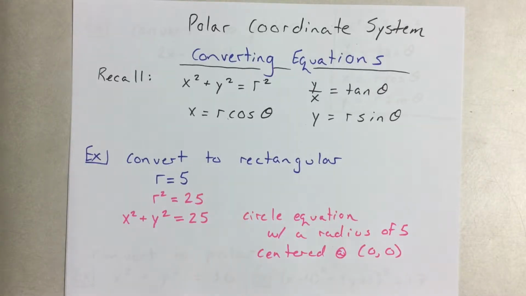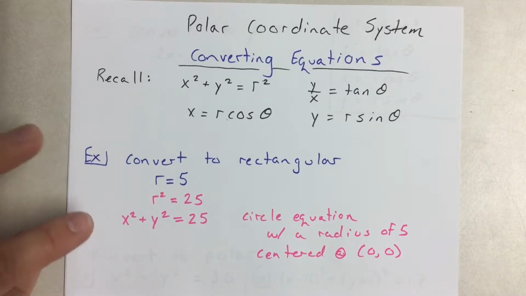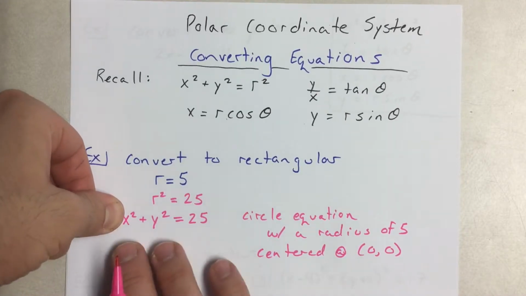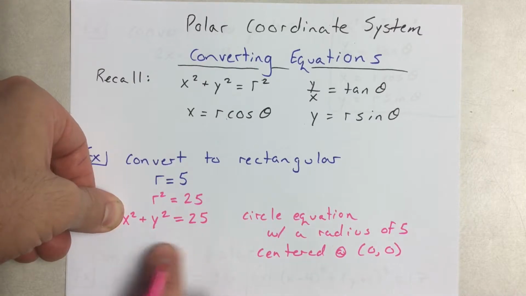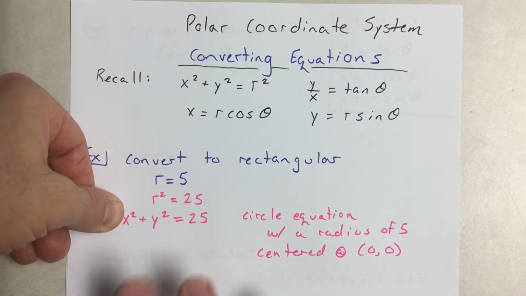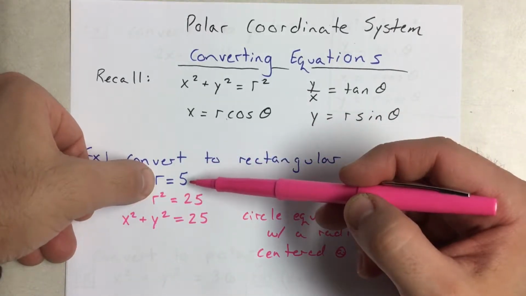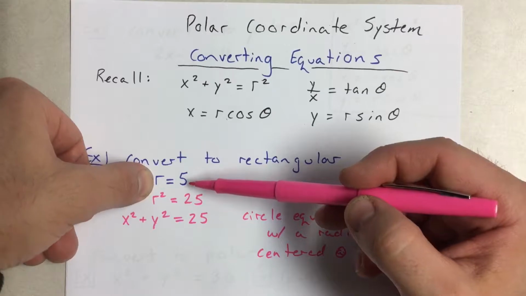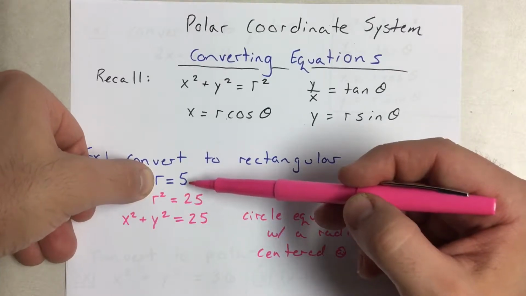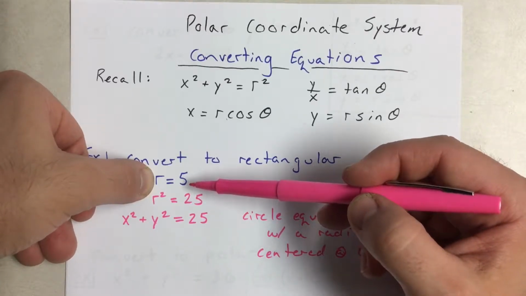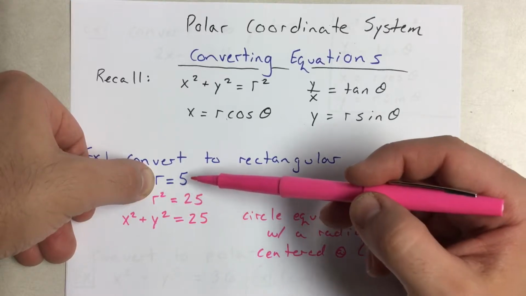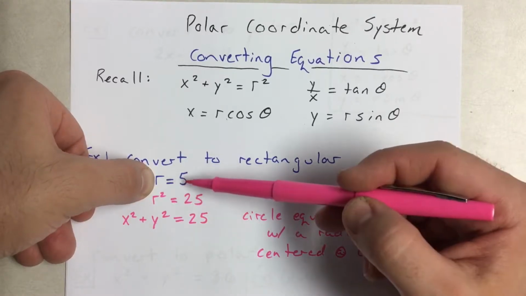Before I move to the next problem, we know that this is a circle equation in the rectangular system: x squared plus y squared equals radius squared. So if I graphed r equals 5, or r equals any constant, in the polar system, that is a circle of this radius.